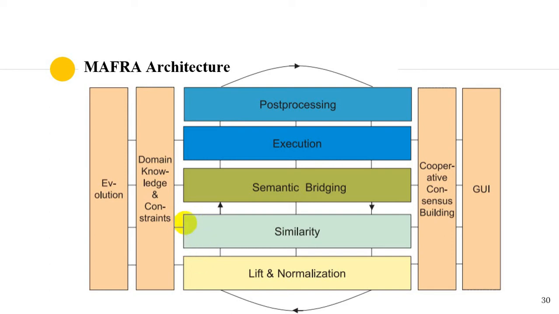The similarity phase allows the computation of the similarities between ontology entities as a support of mapping discovery. The semantic bridging, which is the main phase in the whole process, is here to establish correspondences between similar entities in the form of so-called semantic bridges.